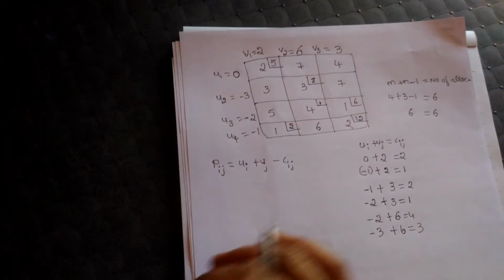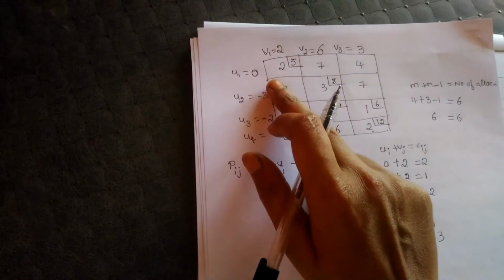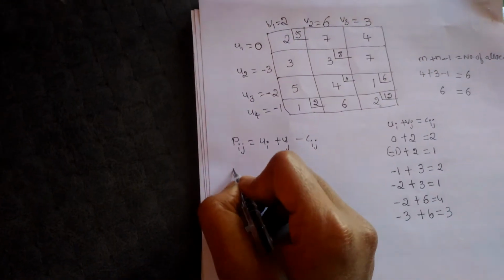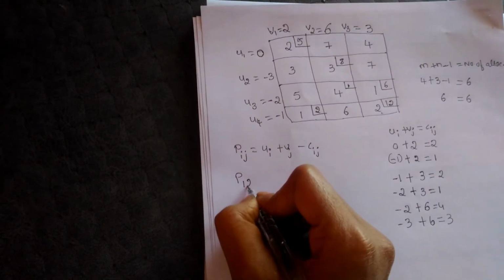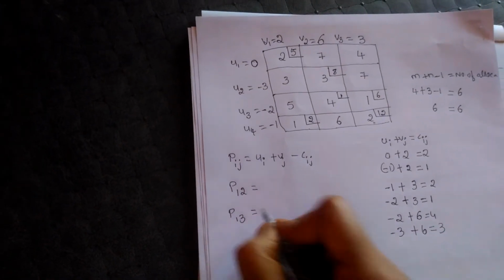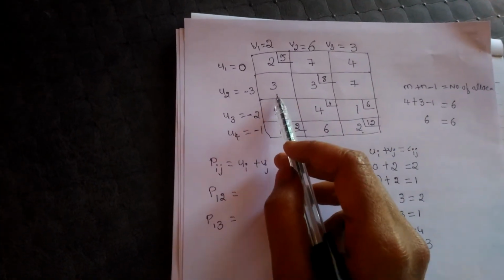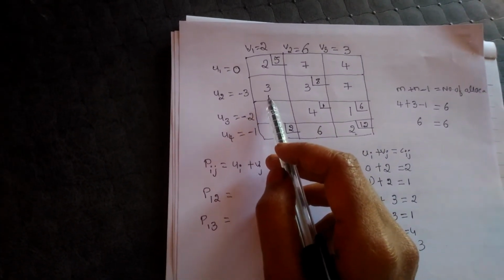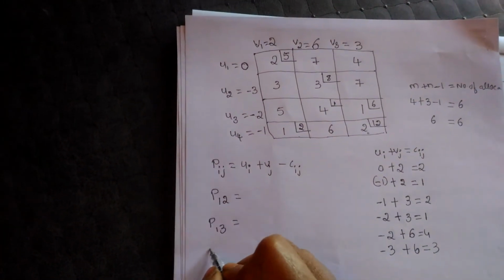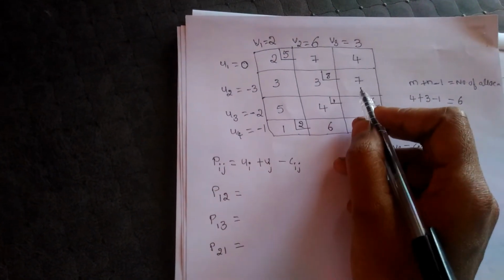So now what are the unallocated cells I have? In the first row, I have first row, second column, first row, third column. So it is P12, P13, and in the second row I have P21 and P23.